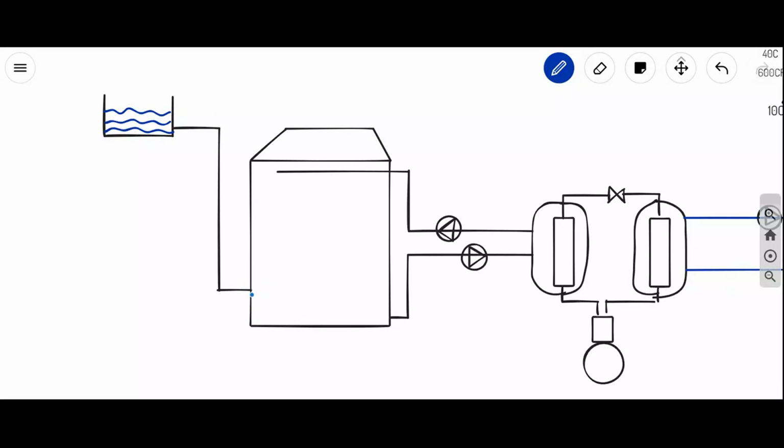The compressor's job is to compress the refrigerant from low pressure to high pressure. That means high volume to low volume, right?